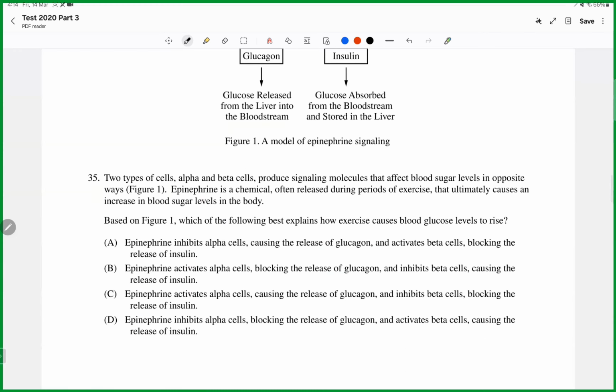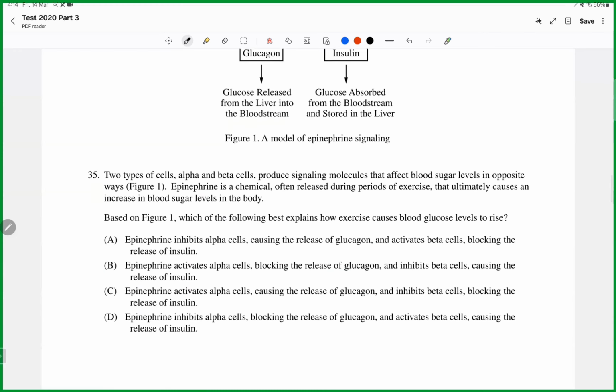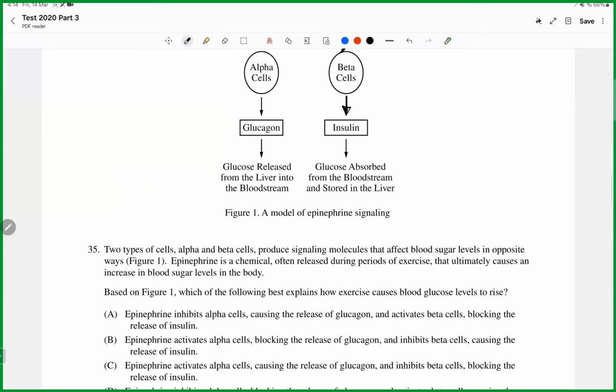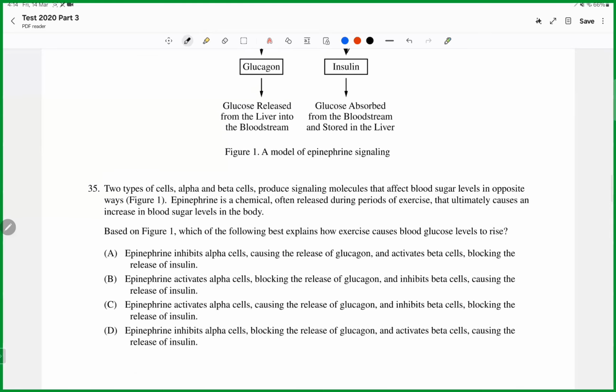Epinephrine is a chemical often released during periods of exercise. Inhibit means stops it, like blocks it. Epinephrine activates alpha cells, causing the release. And yeah, exactly. Nice. That was quick.